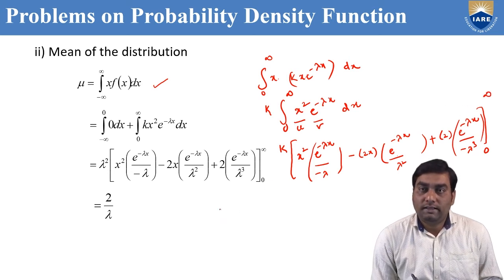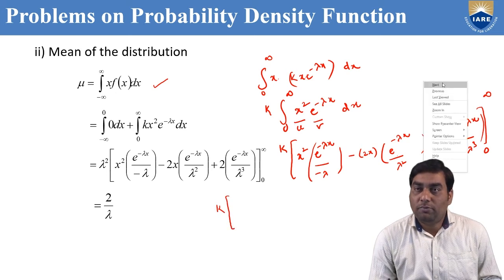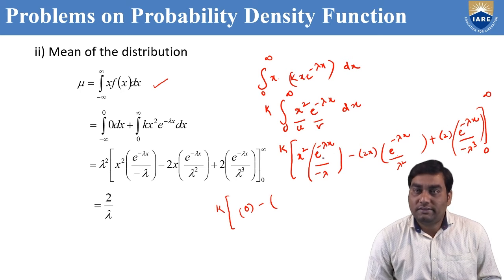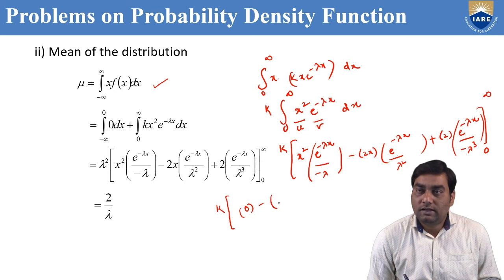Now apply the limits, k into infinity. If you apply e power minus infinity it is 0, so the upper limit is 0, minus the lower limit, 0 in the place of x. This is 0 into something, 0, where x equals 0 into something, 0. Here e power 0 is 1, 2 by minus lambda cube, 2 by minus lambda cube.